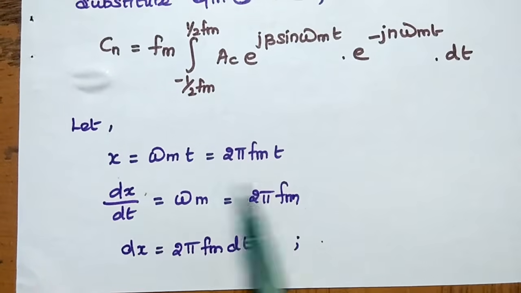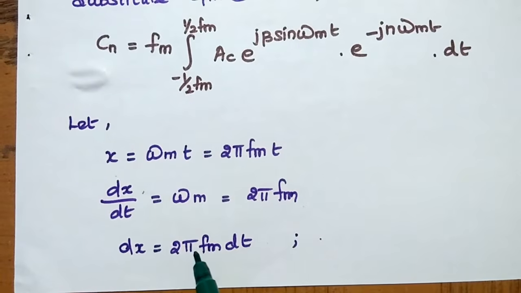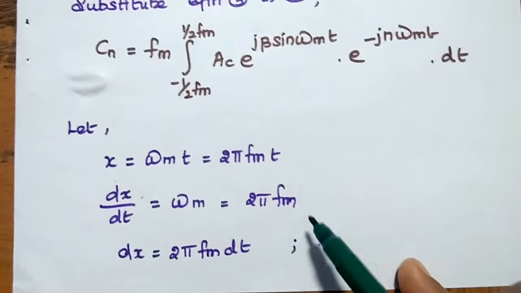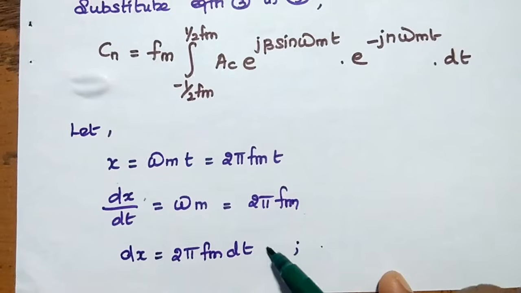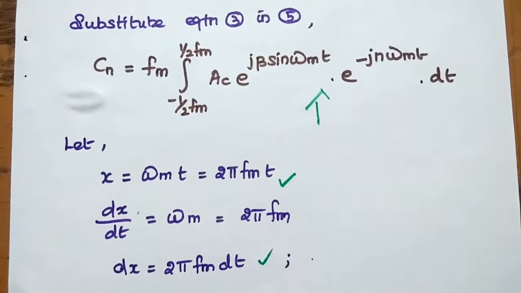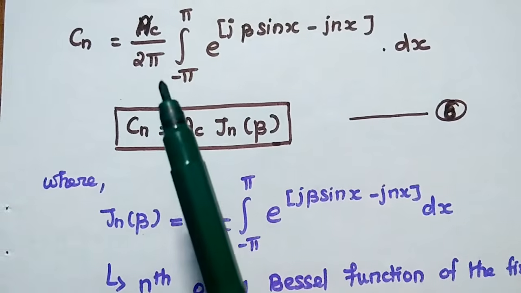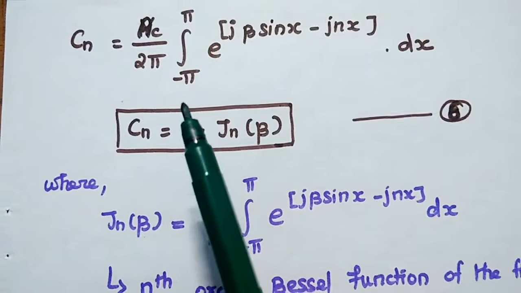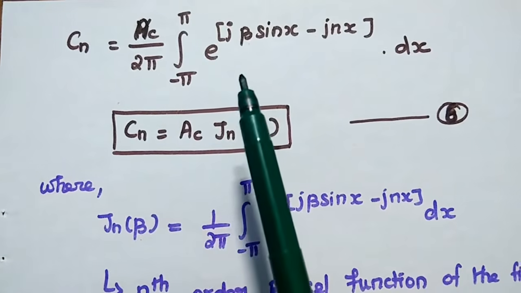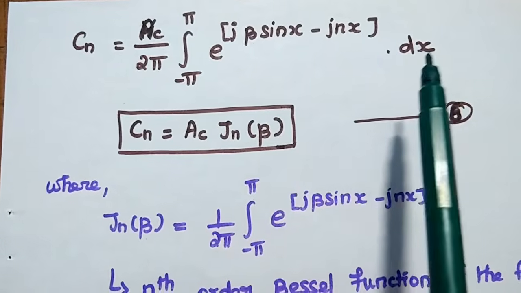So dt goes to this side and we get dx equal to 2 pi fm dt. We are going to substitute these values in this expression. Then we obtain Cn equal to Ac by 2 pi times the integration from minus pi to pi of e power j beta sin x minus j n x dx.